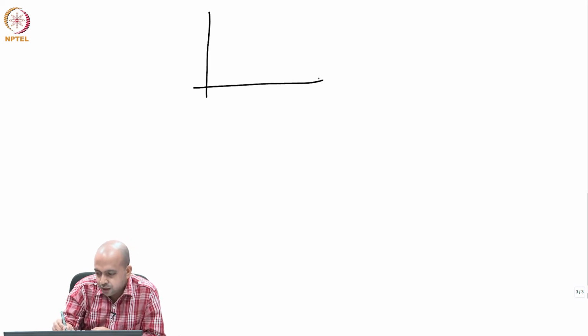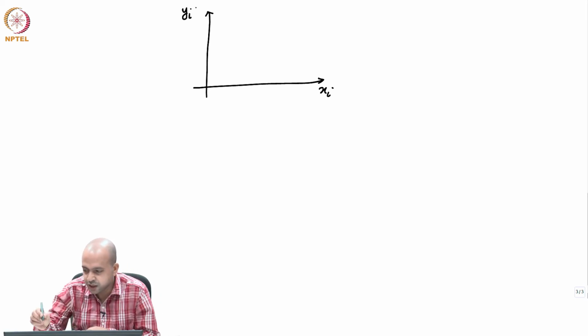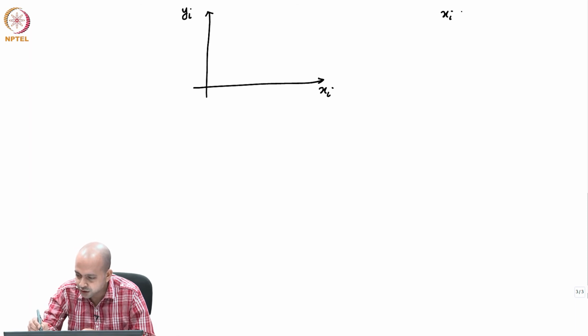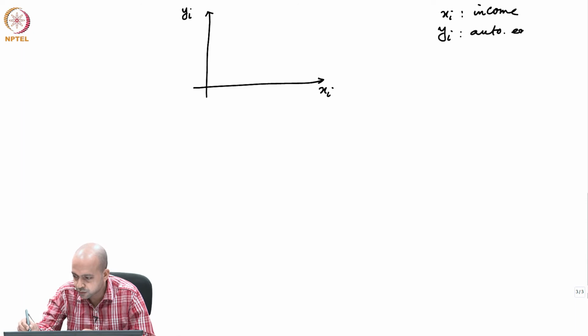Suppose this is a simple diagram where here it is xi and this is yi. Xi is basically income and yi is basically automobile expenditure.